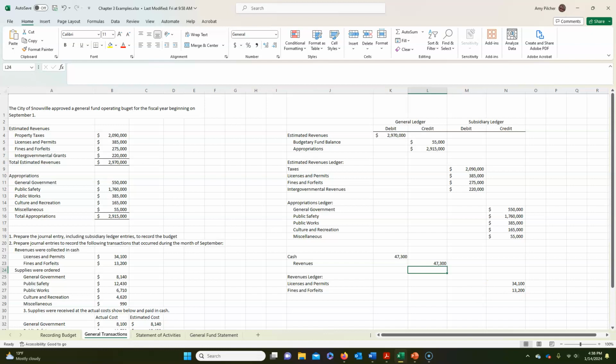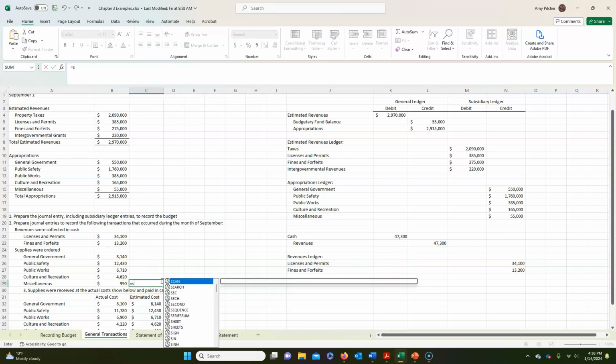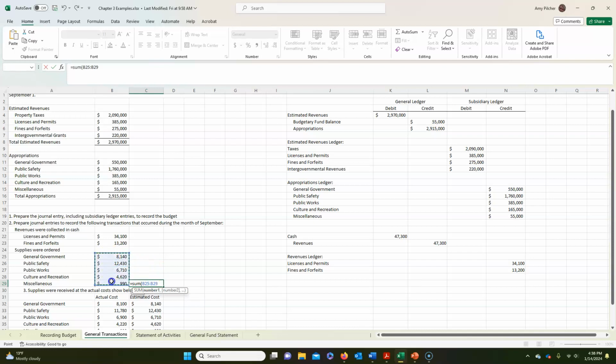So now we're going to record that we purchased supplies. So let's look at what our total is for these supply orders.